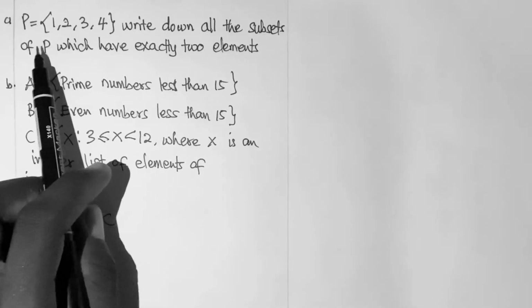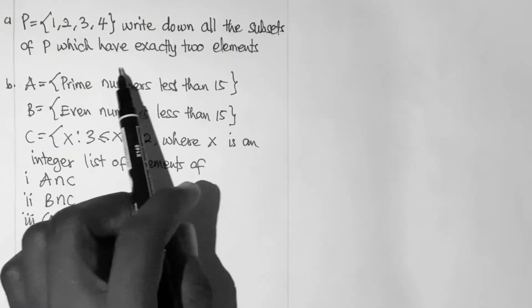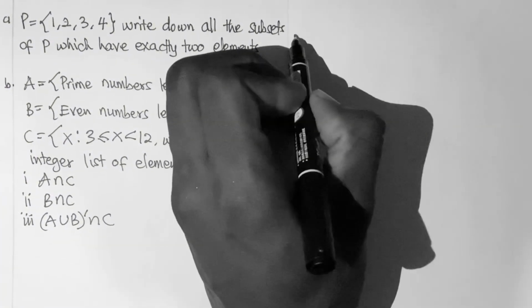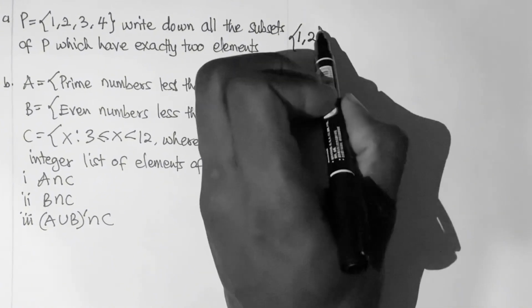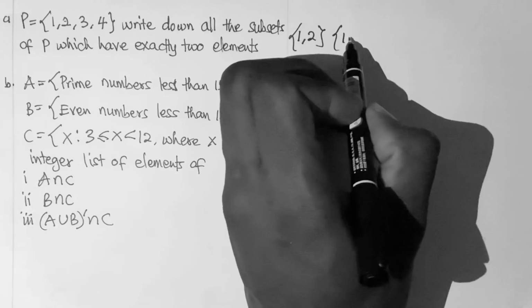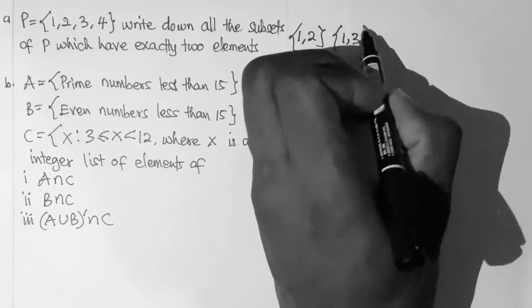So let's come to this question. P is equal to {1, 2, 3, 4}. Write down all the subsets of P that have exactly 2 elements. So the subsets of P are: we have {1, 2}. This is one set. And then the next one is {1, 3}.